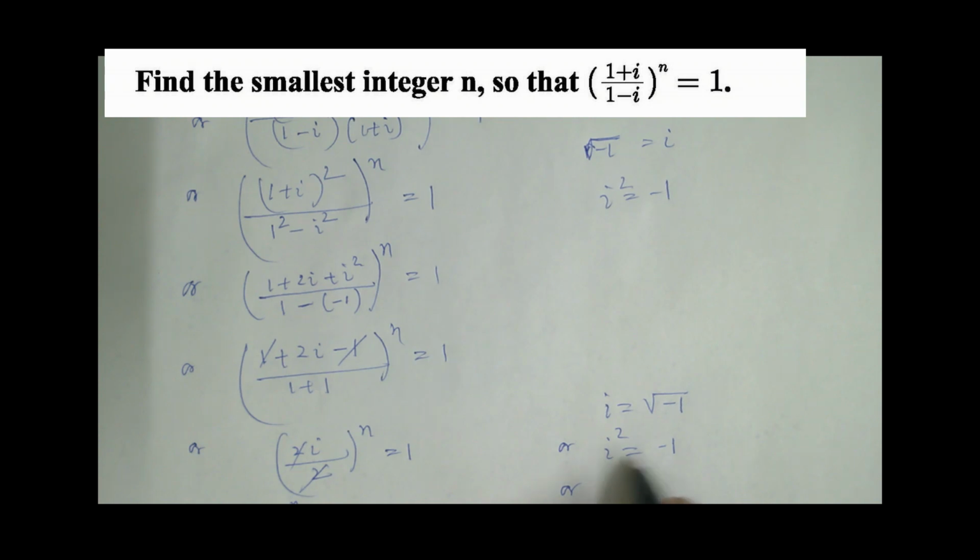If we square both sides again, (i square) whole square is equal to (minus 1) whole square, or i to the power 4 is equal to 1. So here we can write 1 is equal to i to the power 4.